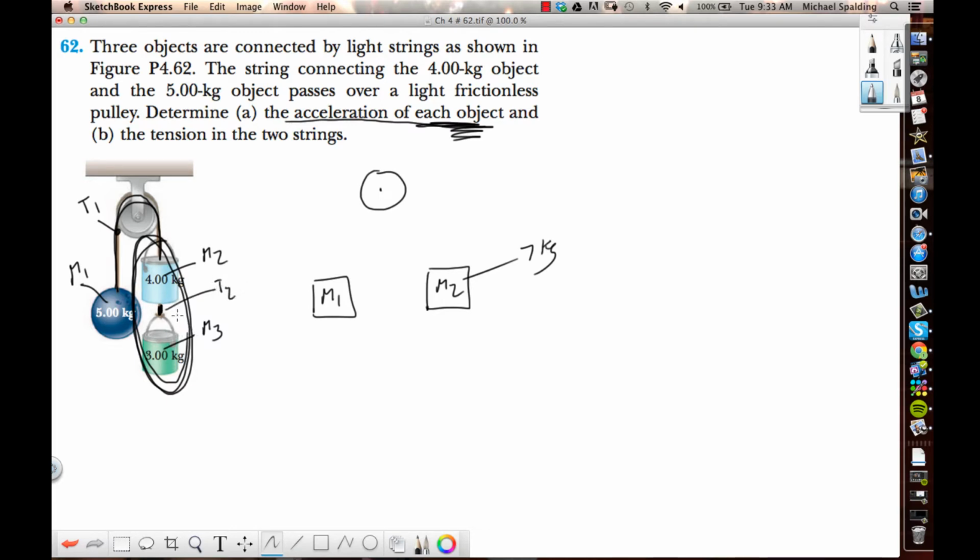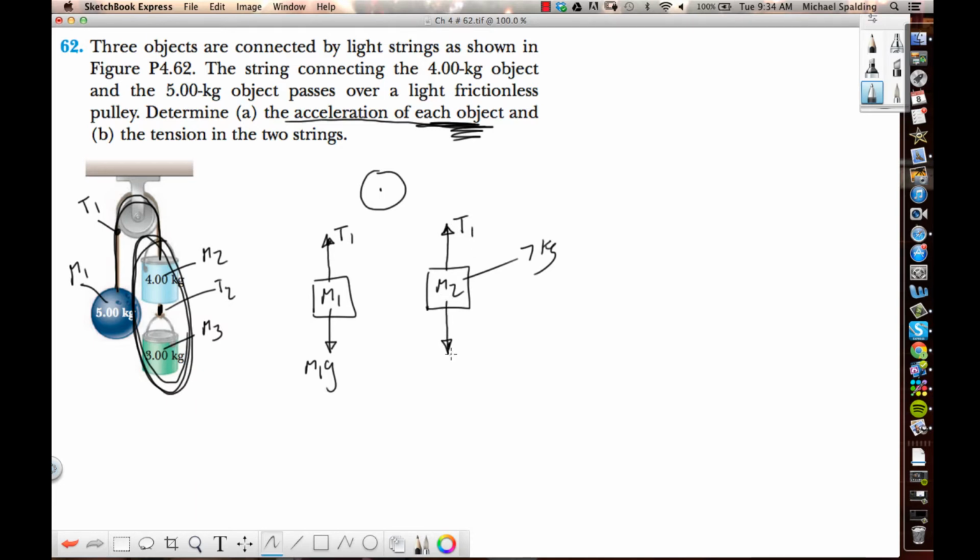So what tension is going to be on this simplified free body diagram? Tension 1, the rope that goes over the pulley. So T1, and then we have M1G down. Then over here we have T1 up, and then down.